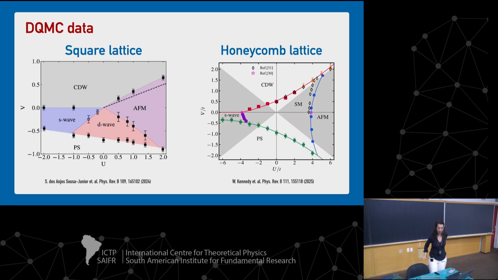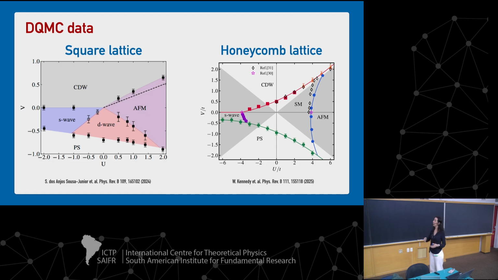So there are other studies, these ones done through quantum Monte Carlo of the extended Hubbard model, and extended here considering V uniform, just near neighbor and equal in all directions. But you can see the phase diagram is very rich.